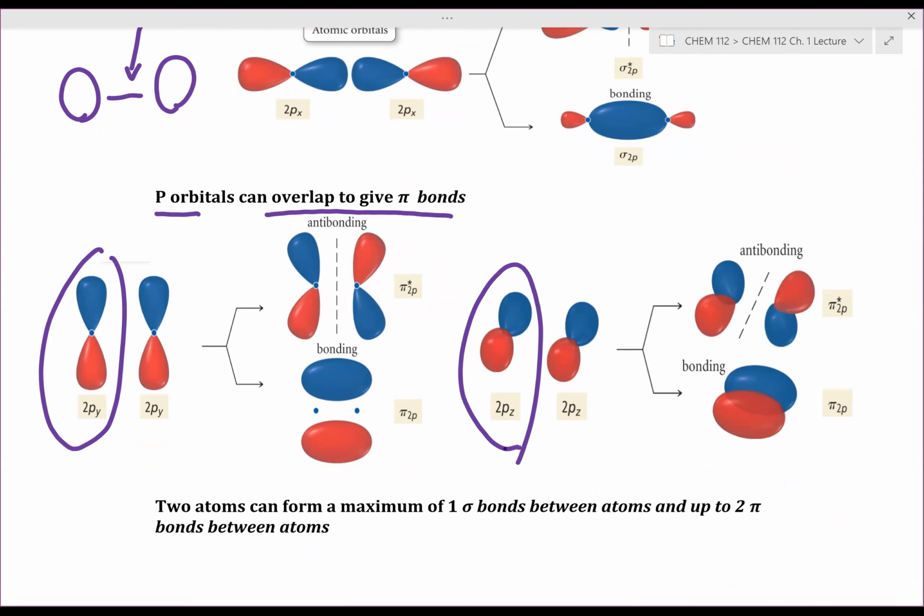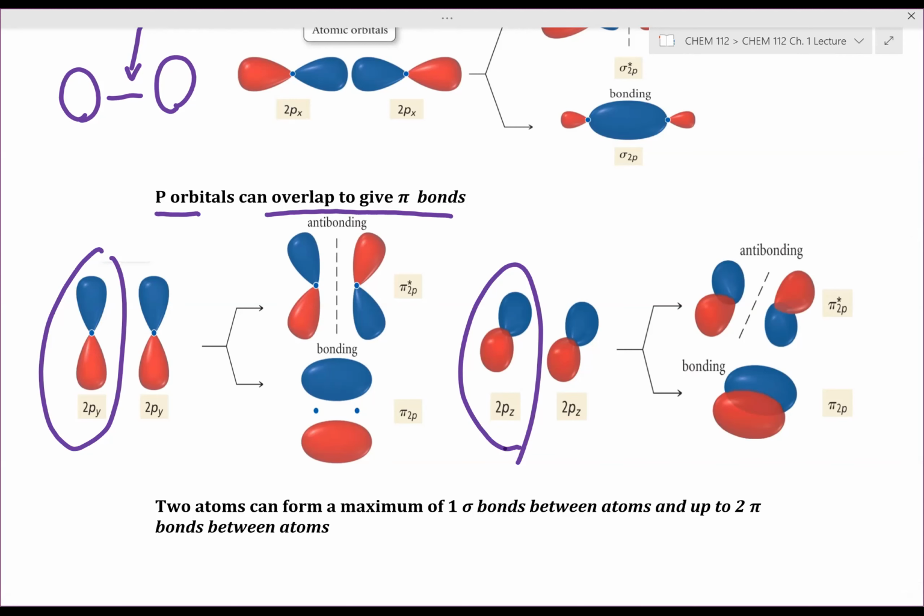How many overlaps can we make? 2, yeah, because we have 1, 2 p orbitals to work with and overlap with other p orbitals in other atoms. So then we can form 1 single bond, and how many double or triple bonds can we form? What's the maximum number of bonds we can form then?